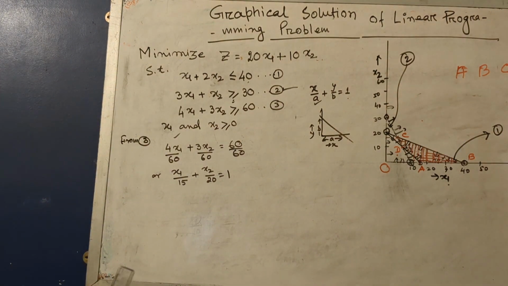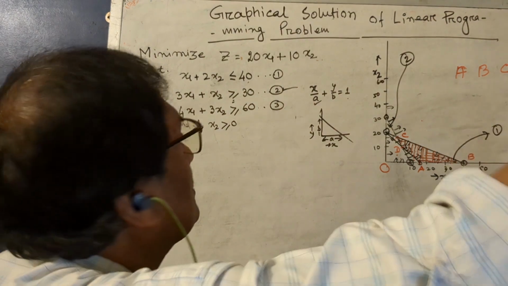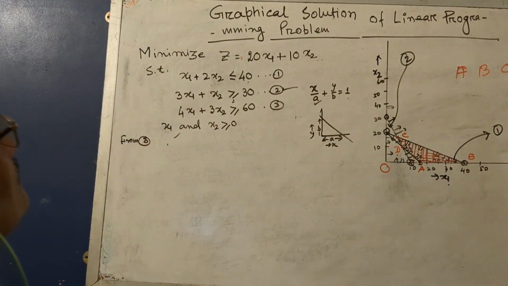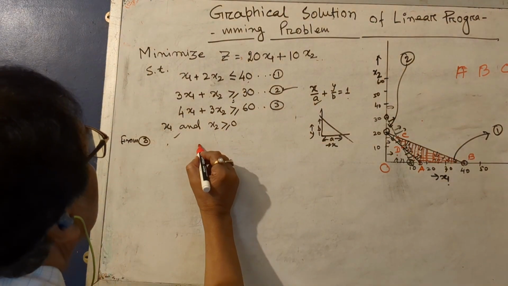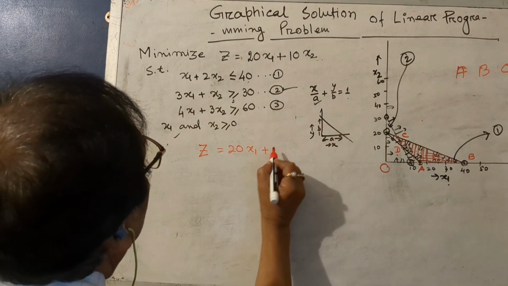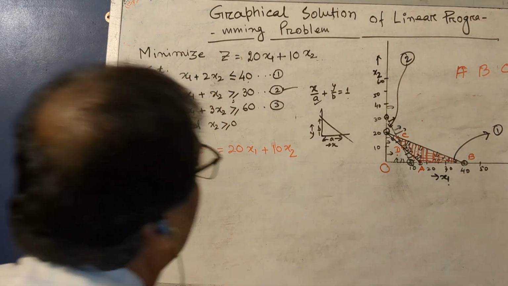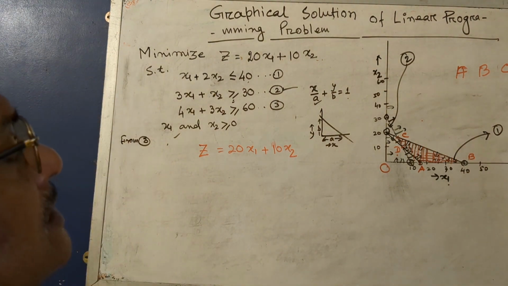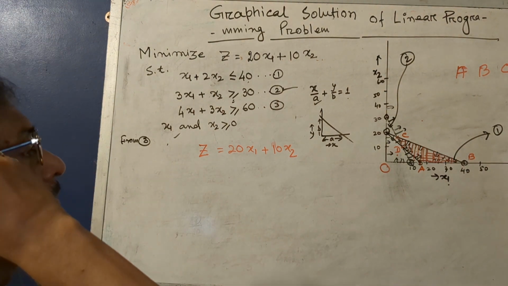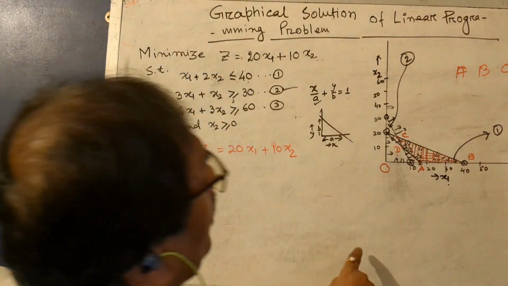So how will we do it? Now I am erasing this, and your objective function is z is equal to 20 x1 plus 10 x2. As per Hadley's theory, in this case it is a minimization problem.